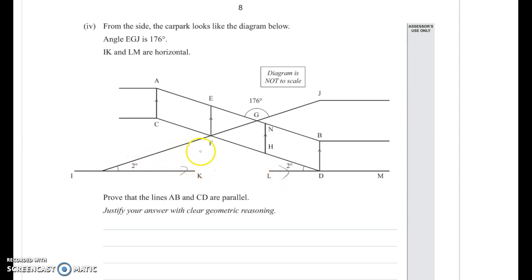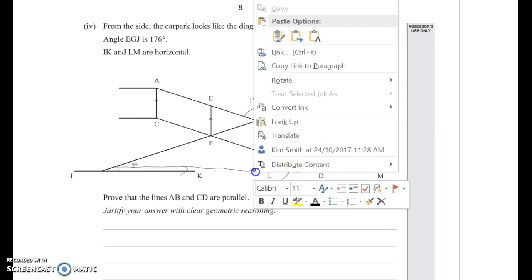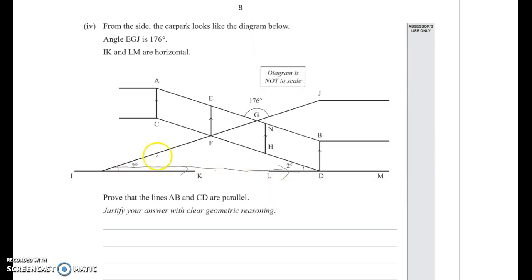So any line on here that would be horizontal would make those two a triangle. So if I extended this to any part over here, wherever this fitted into, this would be 2 degrees as well. Does that kind of make sense to you? Because they'd all be parallel to each other. So whether this line, KL, actually joins or doesn't join, because IK and LD are both horizontal, they are always going to be parallel to each other.